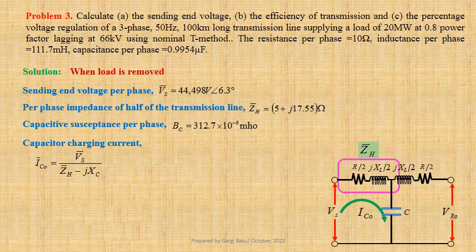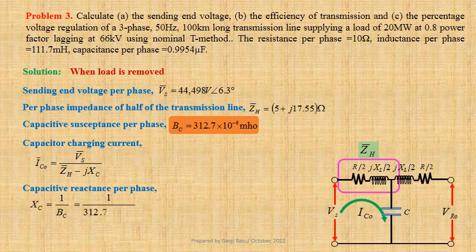Now we shall calculate capacitive reactance per phase. XC equals to 1 upon BC, that is equal to 1 upon 312.7 into 10 to the power minus 6, that gives us 3197.95 ohm.